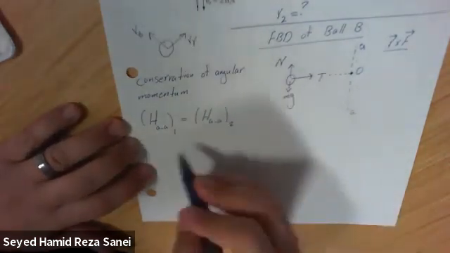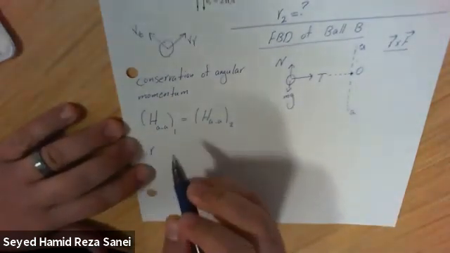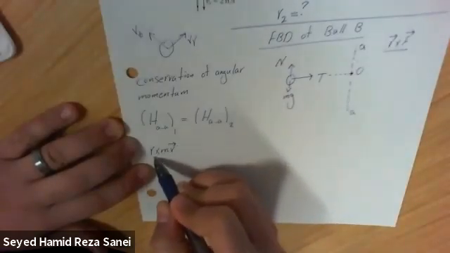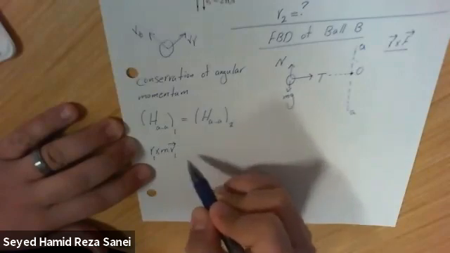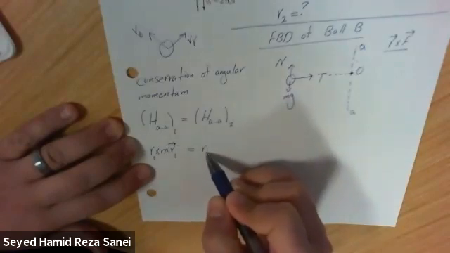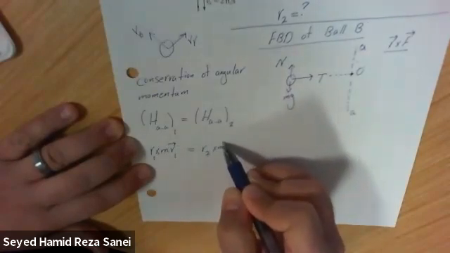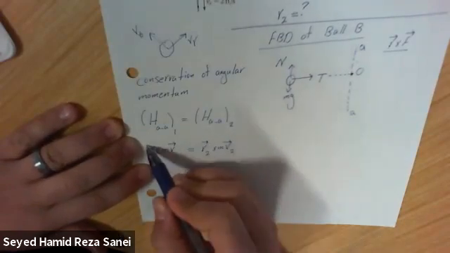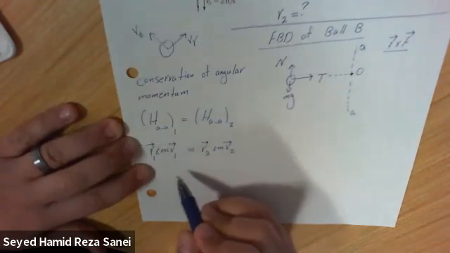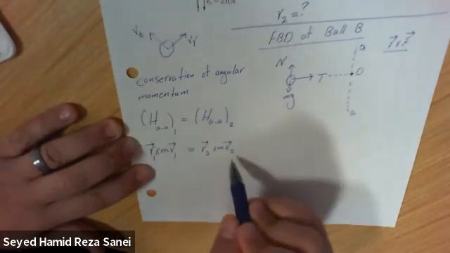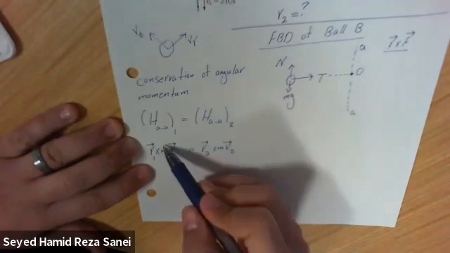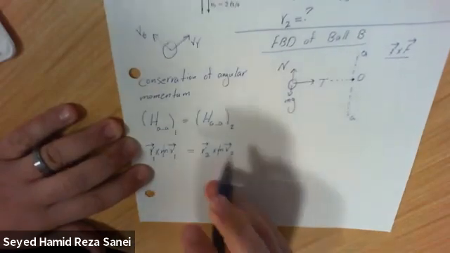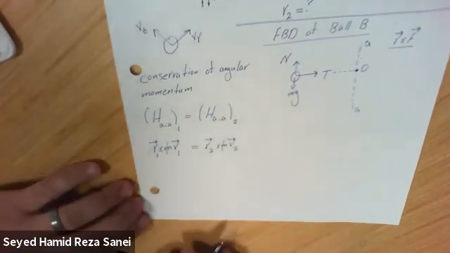Again, R cross MV: R1 cross MV1 equals R2 cross MV2. These are all vectors. The radius is changing and the velocities are changing, but the mass is not changing, so I can cross out the mass. It's a cross product, so R cross V.